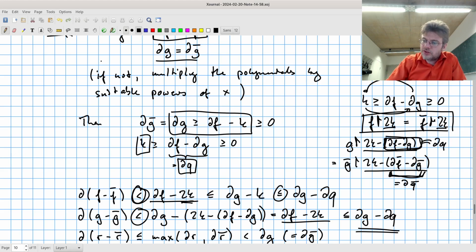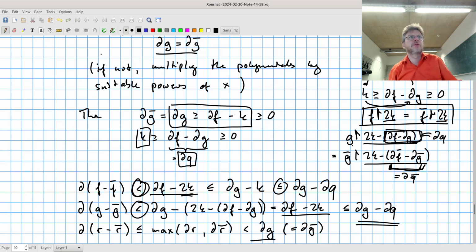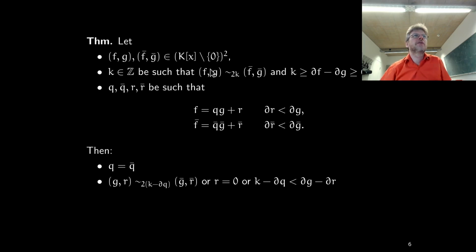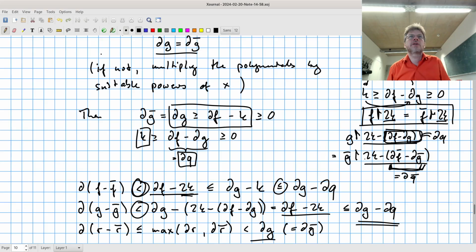So this is for free. This is part of the input. This is part of the assumption here that says that these two pairs agree up to 2k. Well, that includes the assumption that g and g bar agree up to as much as I'm claiming here. So only the other condition requires an argument.